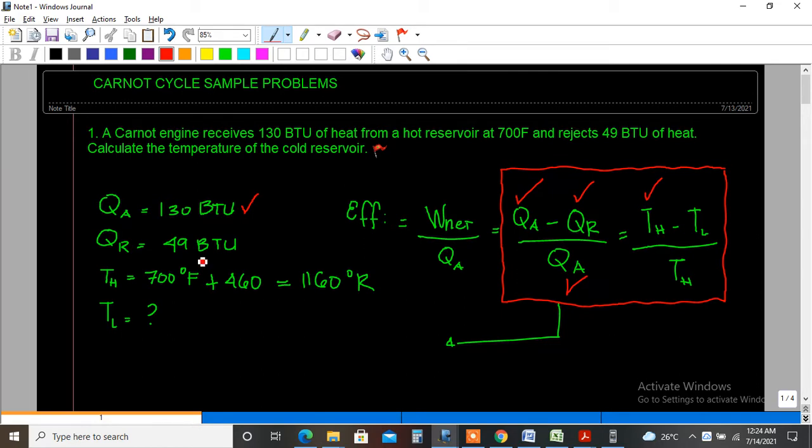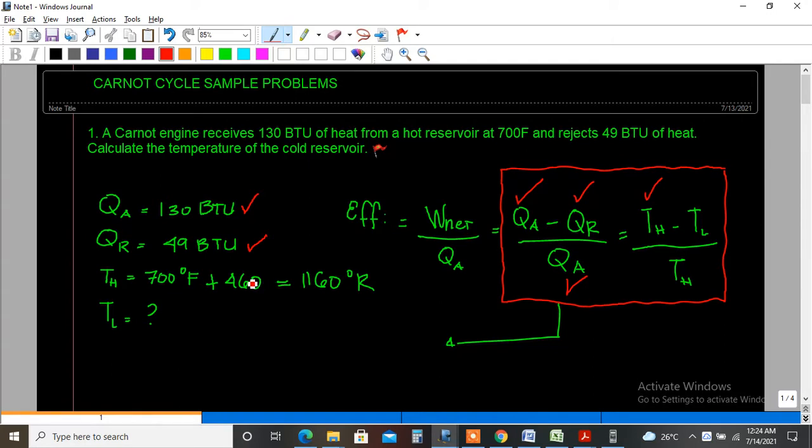The hot reservoir is the highest temperature of the cycle, which is 700 degrees Fahrenheit. We have to convert it into Rankine because we have to use the absolute temperature in solving the problem. Then it rejects heat at around 49 BTU. So this is the heat rejected.